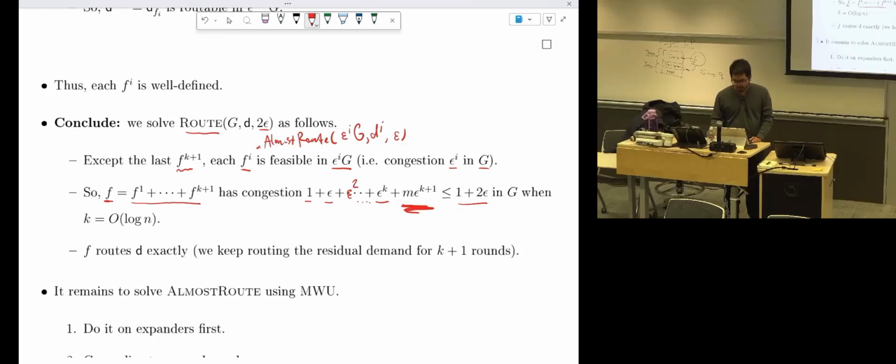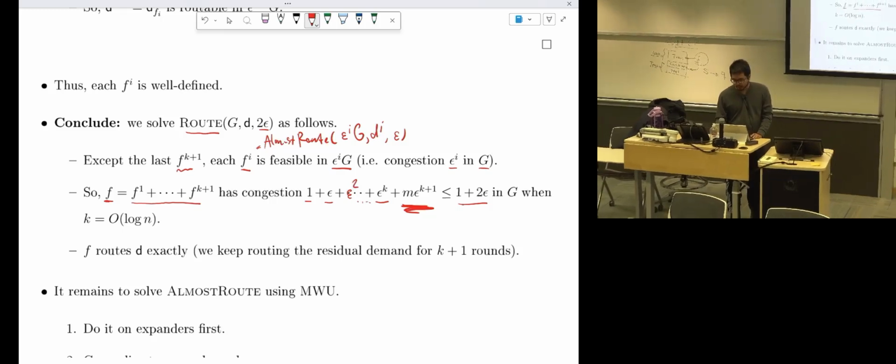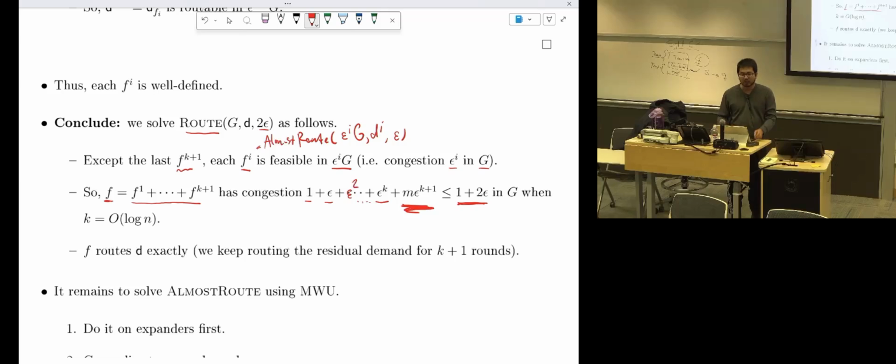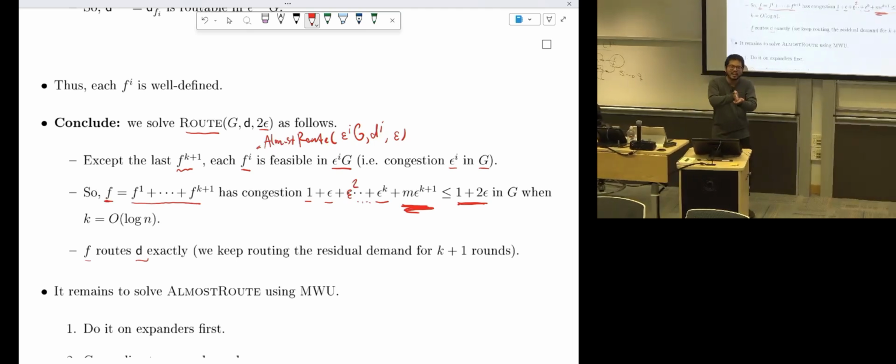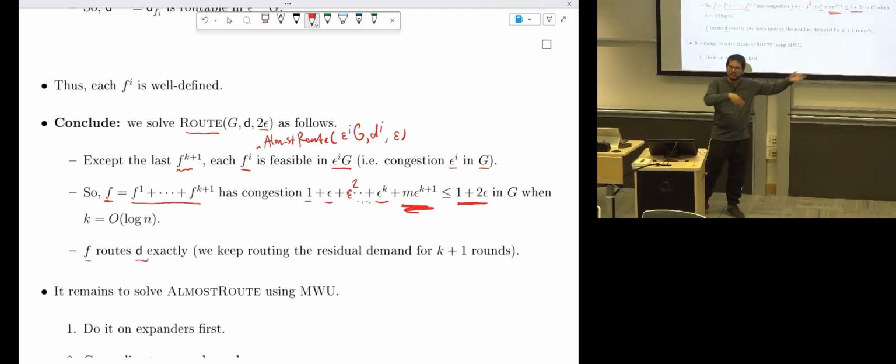So now the congestion is just 1 plus 2 epsilon in G, and F will route D exactly. That's super intuitive, right? Because we just keep finding some flow and we get residual demand. We find a flow that routes this residual demand and get another residual demand and so on.